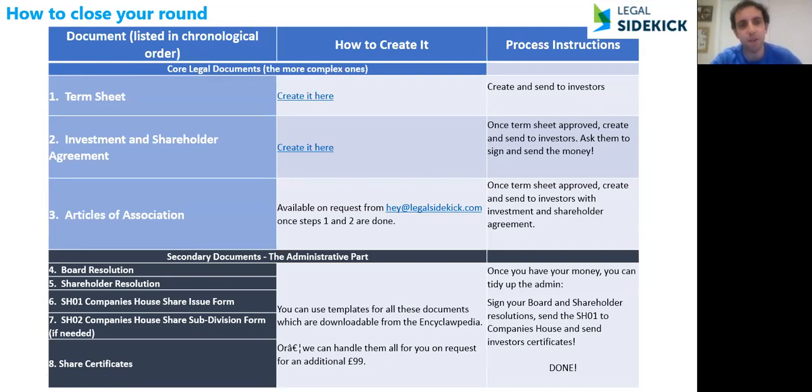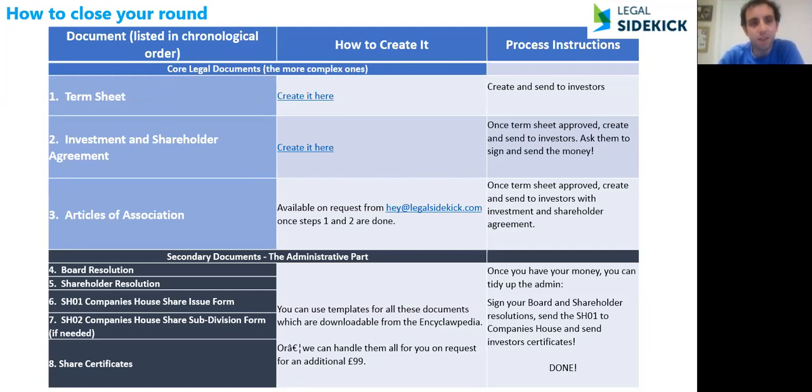A term sheet is a summary of the terms of the investment, and we're going to go through what is contained in those after. You can create that document on Legal Sidekick, customize it, make sure it fits what you're looking for on the platform, download it, and then send it to them. They don't necessarily need to sign it, they just need to see it and broadly agree to the terms that you're putting forwards.